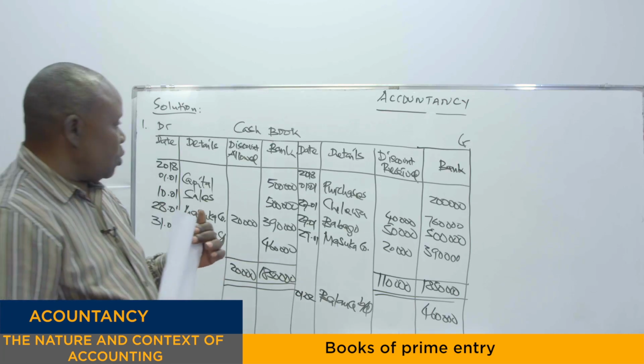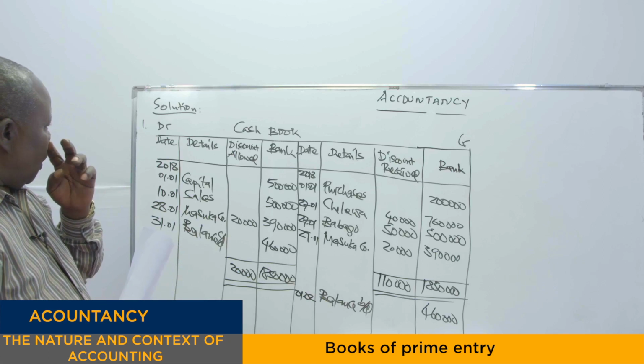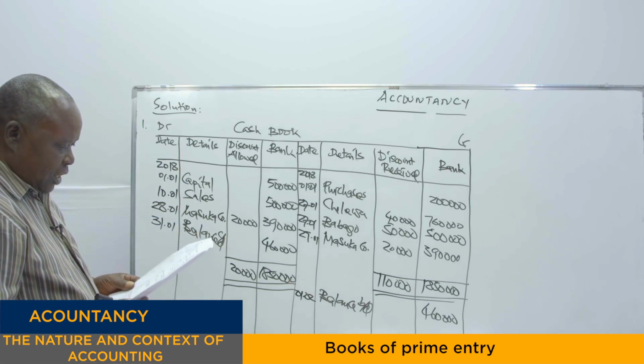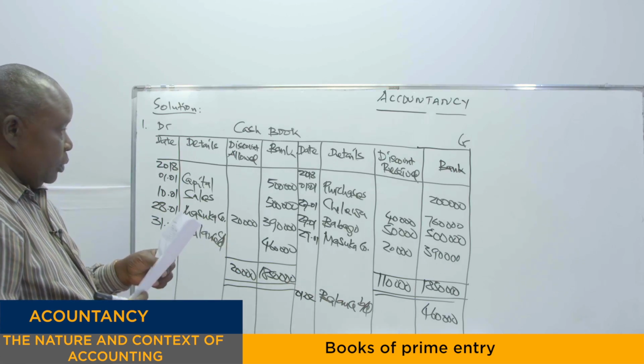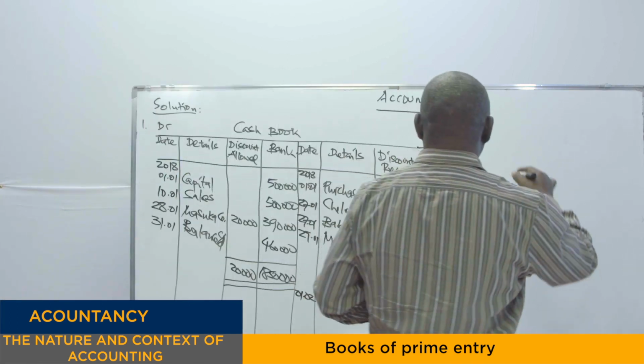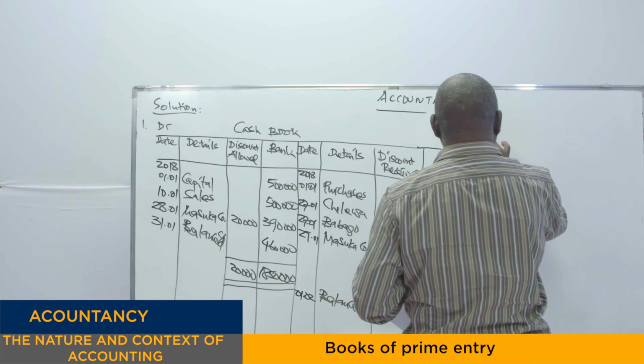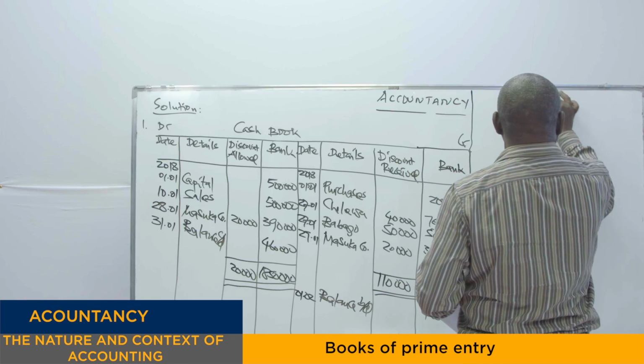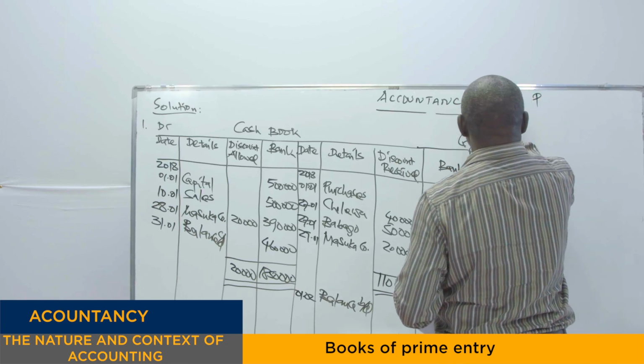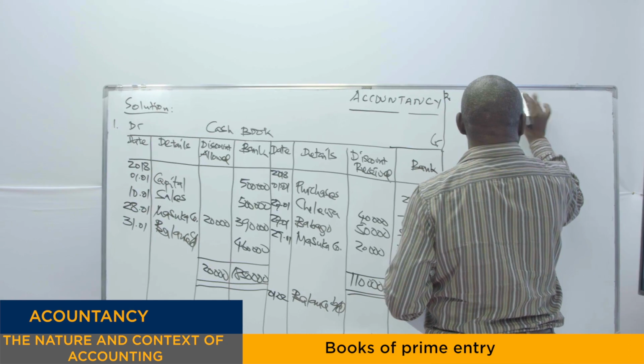Now let's move to another book of journal, and that is now purchases journal. This is now purchases journal. This is number 2 now. Purchases.